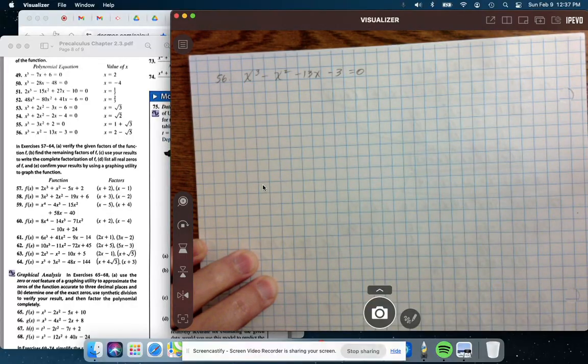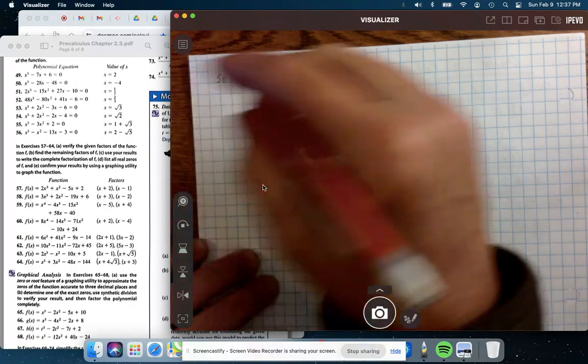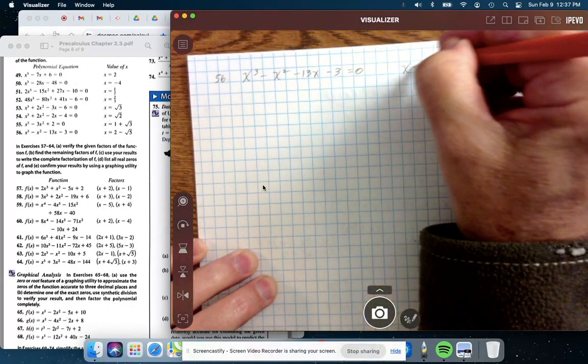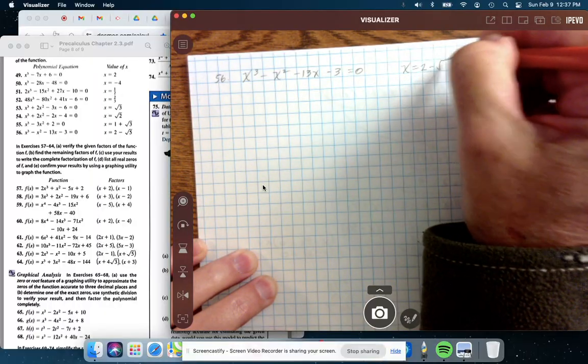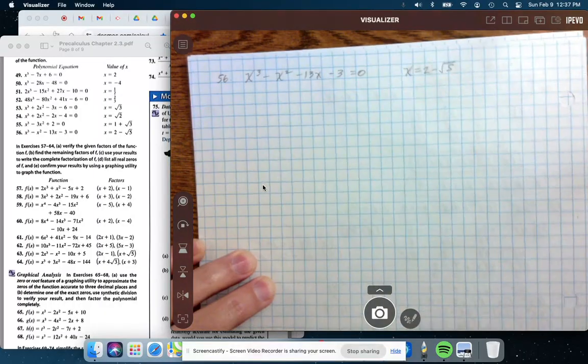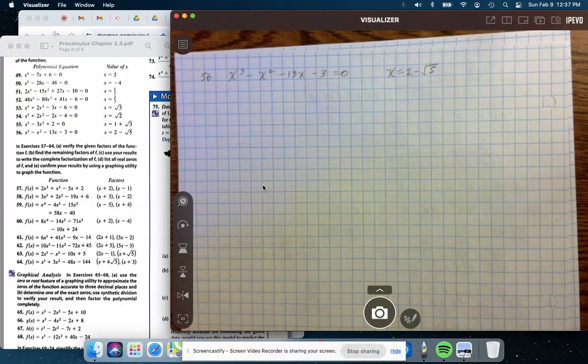And 2 minus the square root of 5 is a 0. Okay, so let's talk about these square root ones.